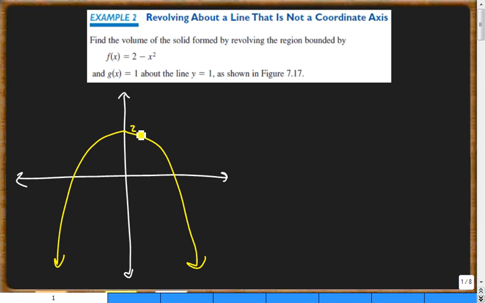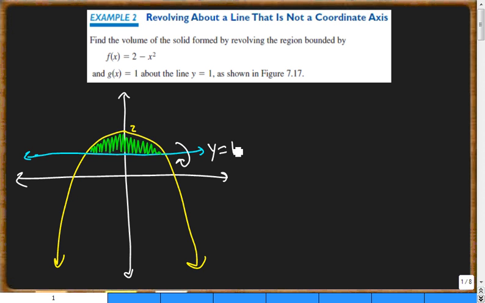You know, we're up here around 2, and we have our graph of g of x equals 1 right here. So it's this region here that we're interested in. And we're revolving around this line as well. We're revolving around the line y equals 1.